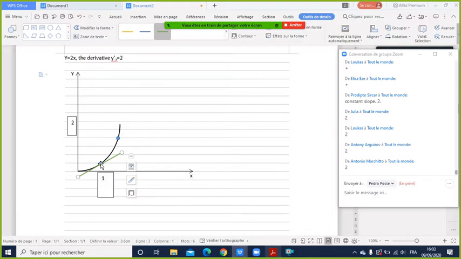So in economics, as I already said, the most common example is marginal everything. So marginal cost, marginal utility. What is marginal utility? It is by how much the utility increases if I add one more unit of my good.